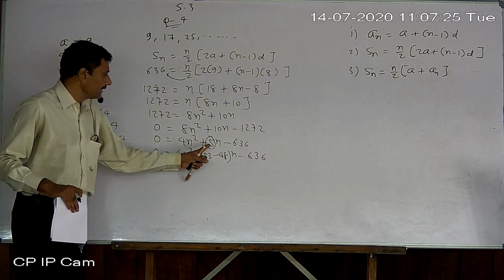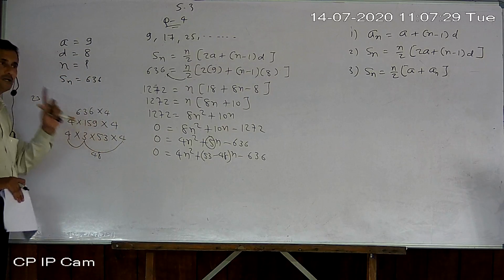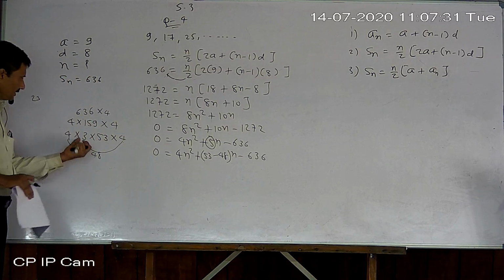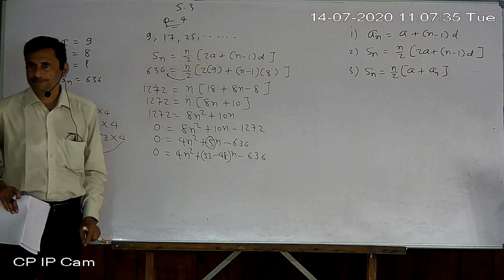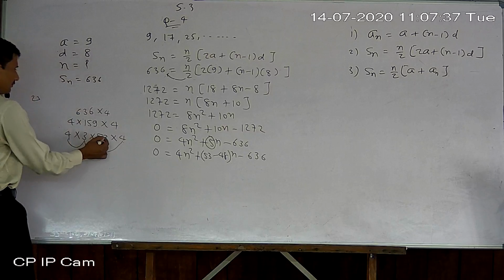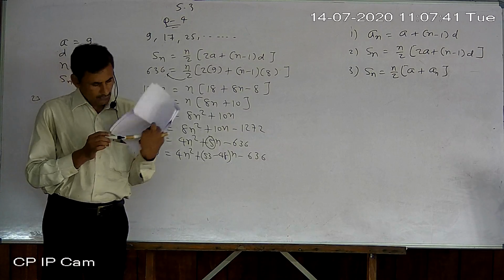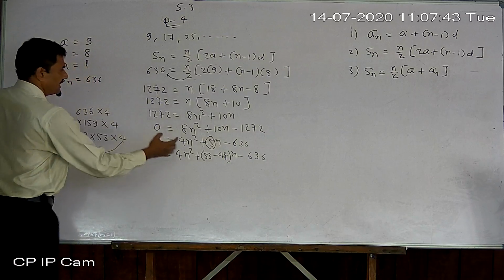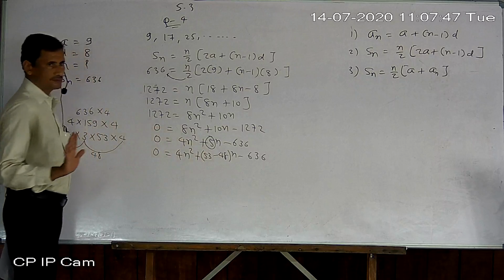Why? Because I want a difference of 5. So the biggest number should be alone only, and the remaining ones should be combined so that we reach that number. So 48 and 53 we got. That is the only matter. Whenever the number is bigger, it is quite time consuming to get these two factors.